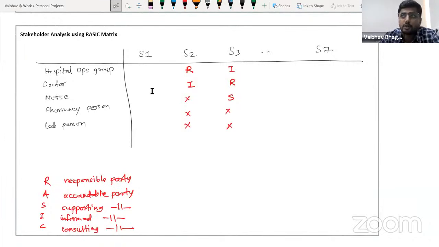I'll give you an example of, let's say, a ventilator. The problem with the disposables or the consumable items of a ventilator is that they need to be regularly supplied, and if the stock of the supplies is over at the hospital end, then the hospital has to purchase it from the manufacturer itself.